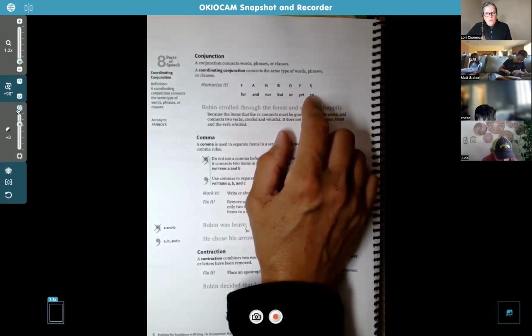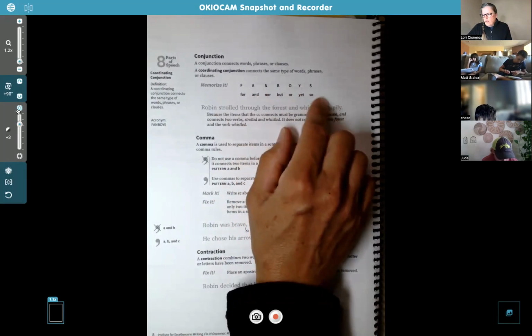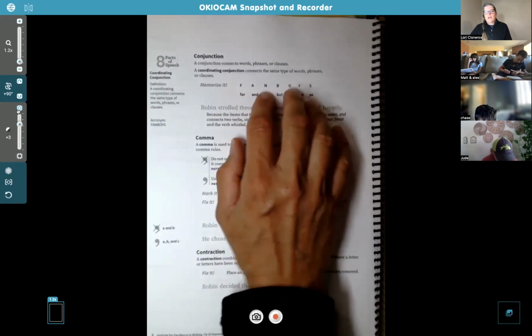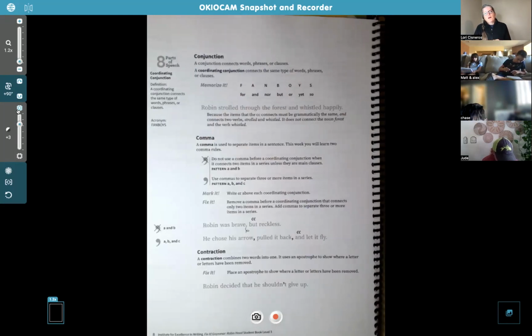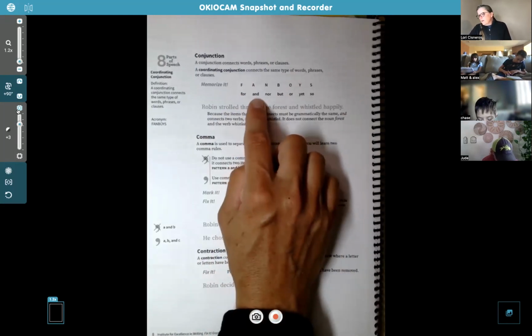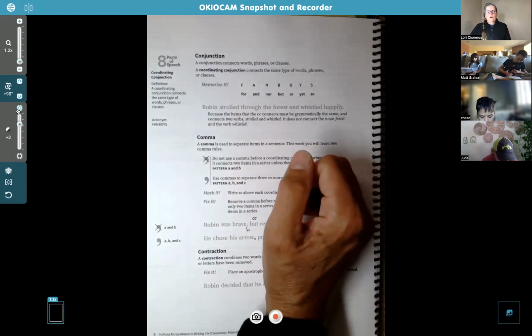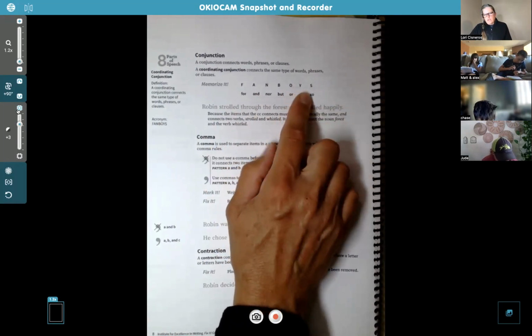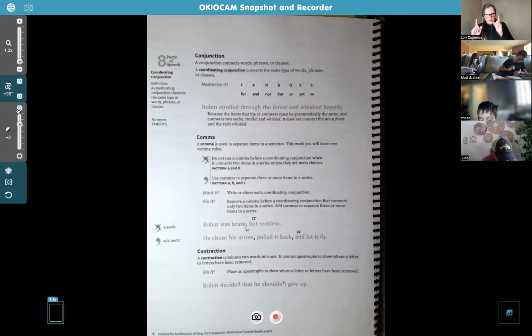It's a handy word to memorize because these are all of the conjunction words in English. That's all you need to know. These connect words together. The most common ones are probably and, or, and but. Those are used more often than others. So think of FANBOYS when you're looking for conjunctions, and that will help you know what words to look for.